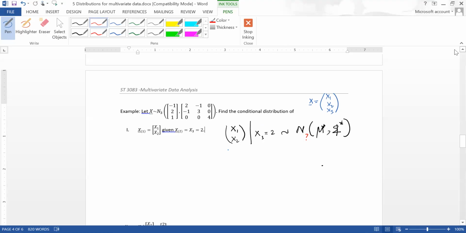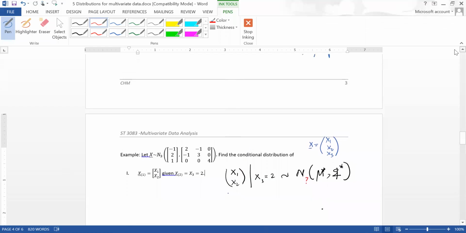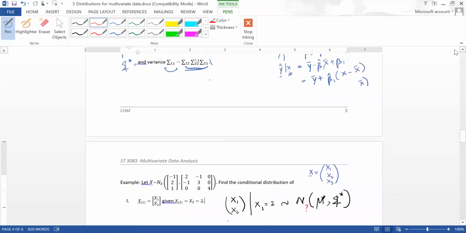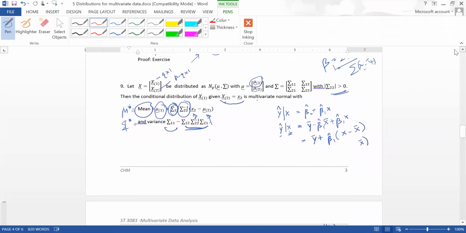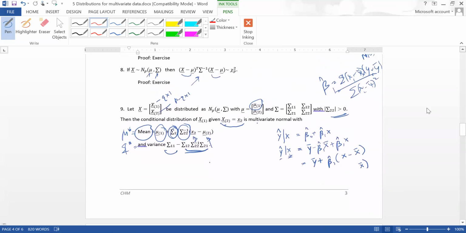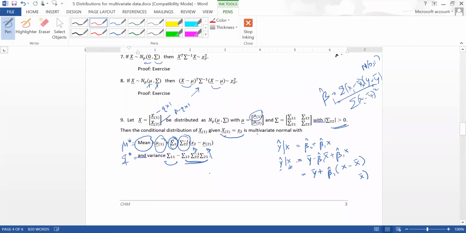So here I said we are finding the distribution of x1 with some condition. x1 means the x1 vector, right? X within parentheses 1, vector. So we are actually finding the distribution of this x within parentheses 1, with the condition that x2, the rest of it, is given, right?